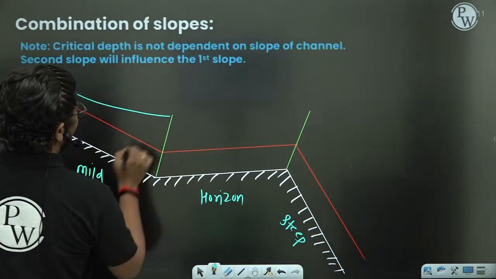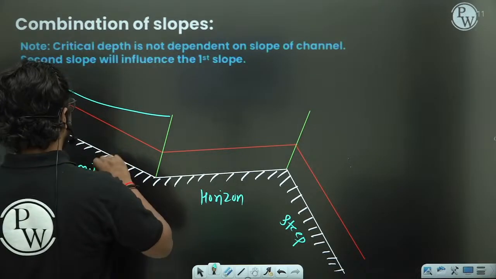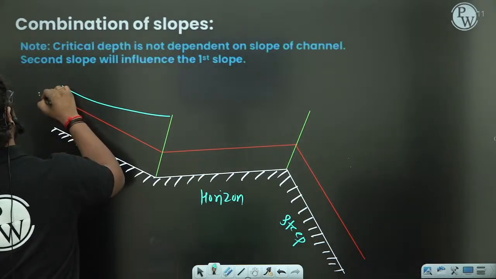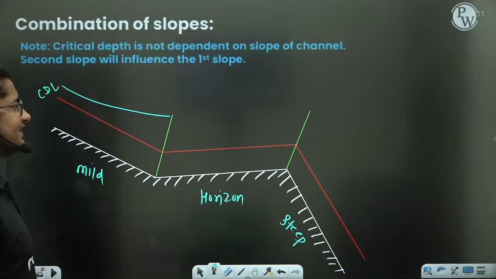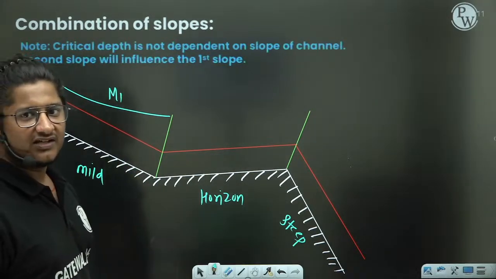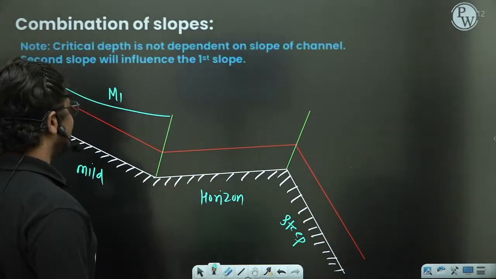It will rise now, my dear. So when it is rising in a mild slope above the line, oh sorry, this is not the NDL line, this is the CDL line. Above the CDL line, any surface profile which is rising is nothing but M1. M2 is not possible, since it is a falling profile. M1 is the only rising profile above CDL.